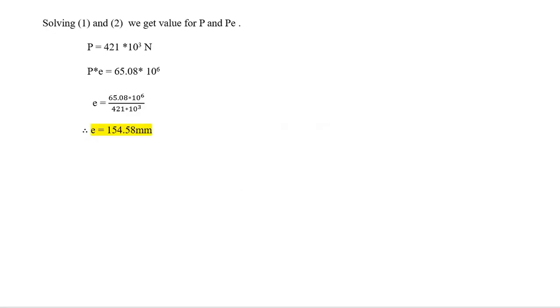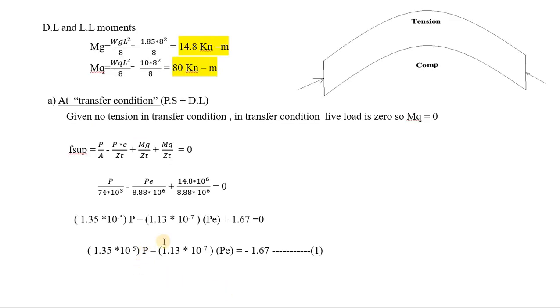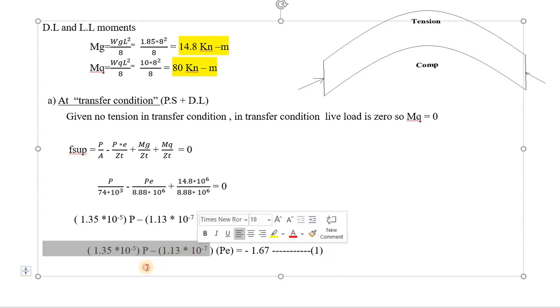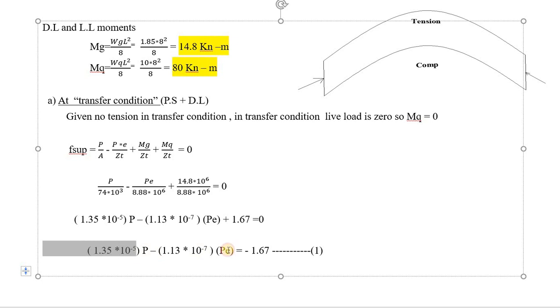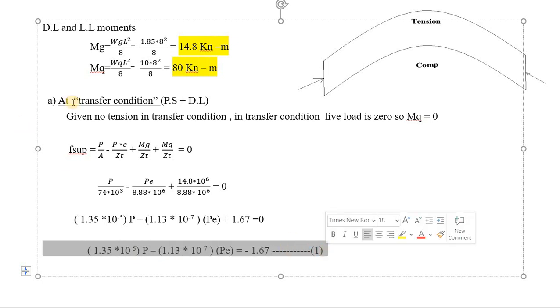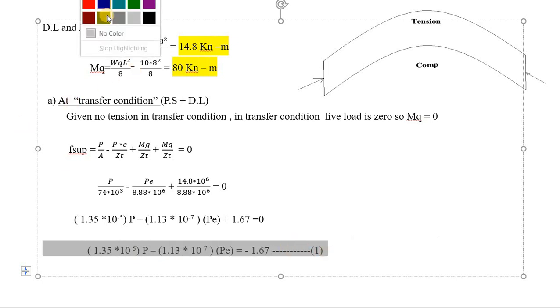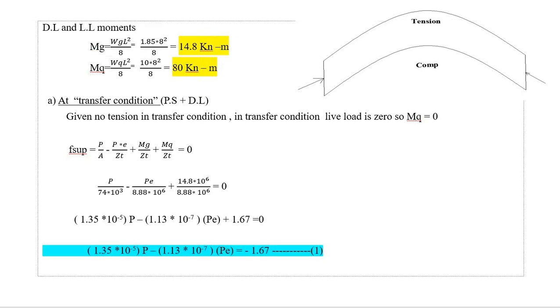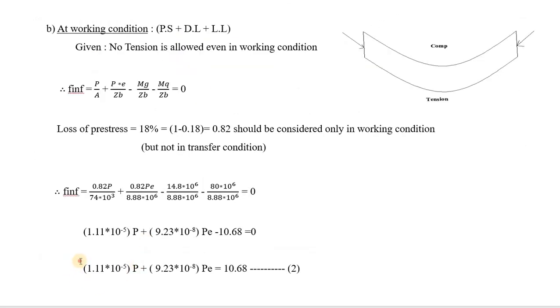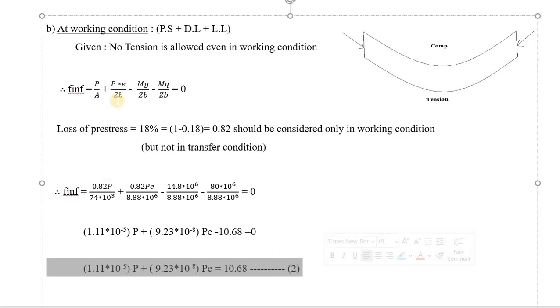So the second equation we got. For solving 1 and 2, you should consider this equation also. If you want, you can highlight this equation for your reference. This is equation 1, and next this is equation 2.